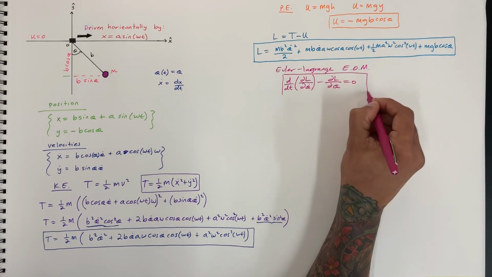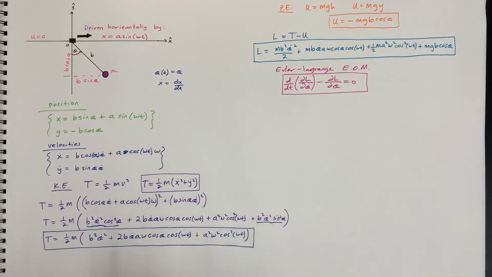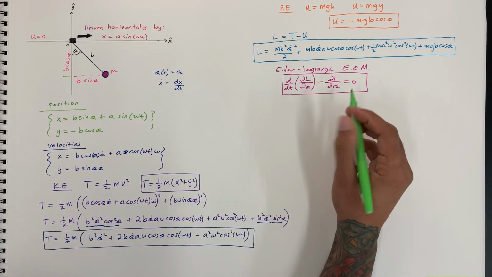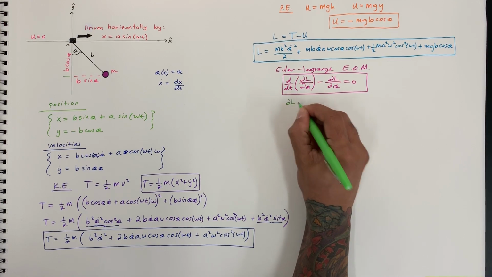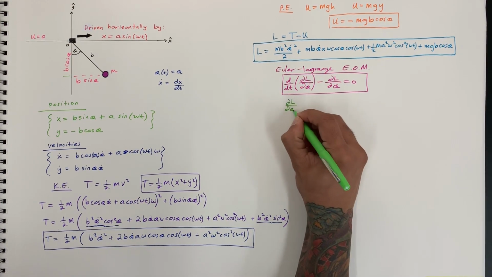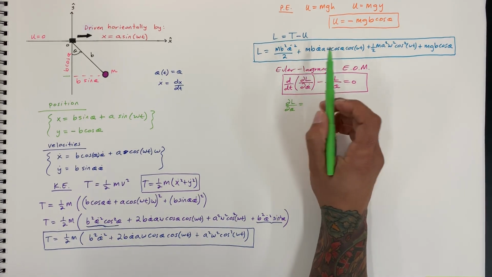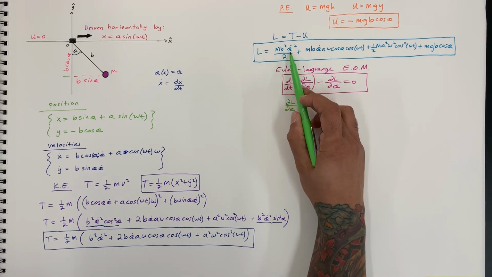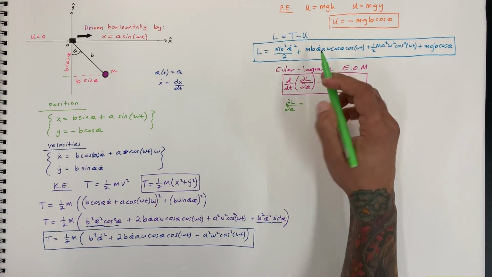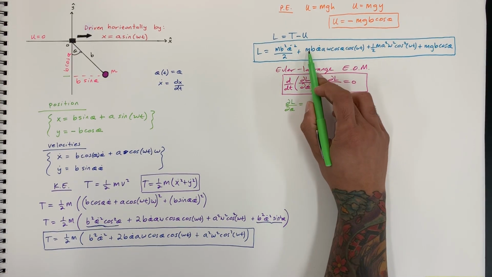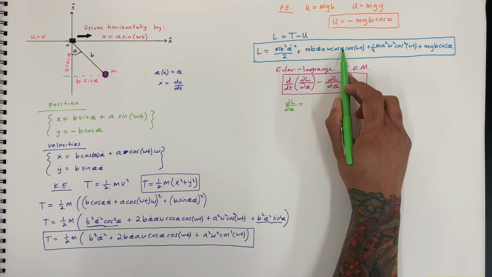Okay, now let's do this in parts. We're going to do this term first. So we got the partial of L with respect to theta. Okay, let's look at our Lagrangian. Here we don't have a theta by itself because this is theta dot. Here we have a theta, so let's take the partial derivative with respect to this theta.